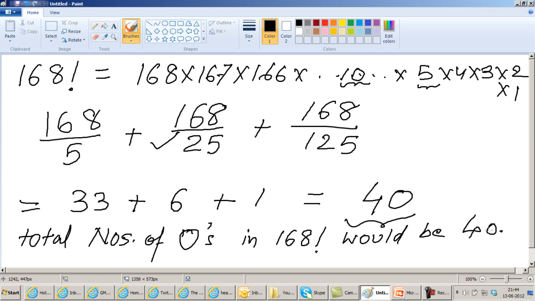Suppose that number is factorial 640. Then of course you will also divide 640 by 625, right, to get the additional 5s. So this is one of the easiest and simplest ways to find the number of zeros in any given expression.